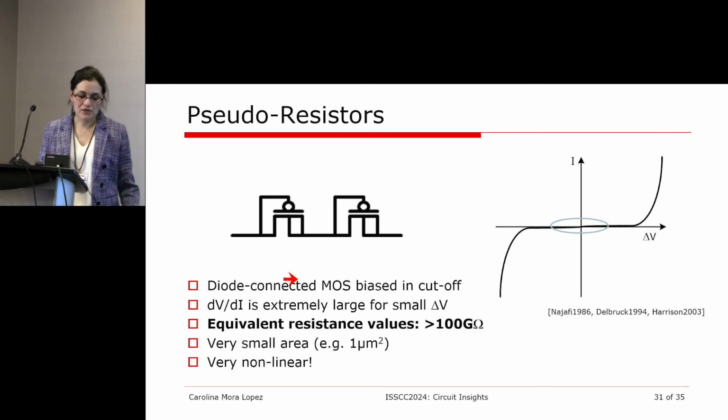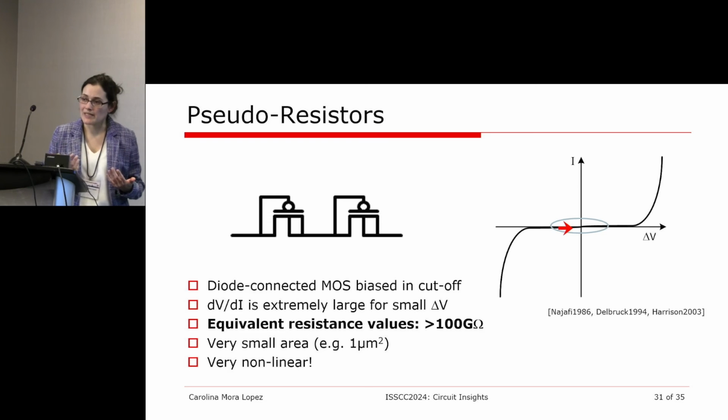And because of this, it is actually biased in cutoff, in this region that you have here. In this region, the relationship of current versus voltage is very particular, because for a very small change in current, you have a huge change in voltage. So it's actually the equivalent of a very huge resistor.